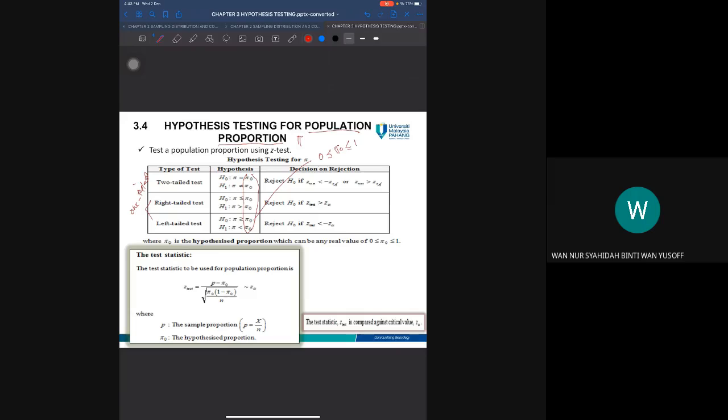We use the z-test here, and we have a single formula for the z-test for the proportion, and p equal to x divided by n. Sometimes in your question you already have p, so it is not always that you have to divide by n to get the p.